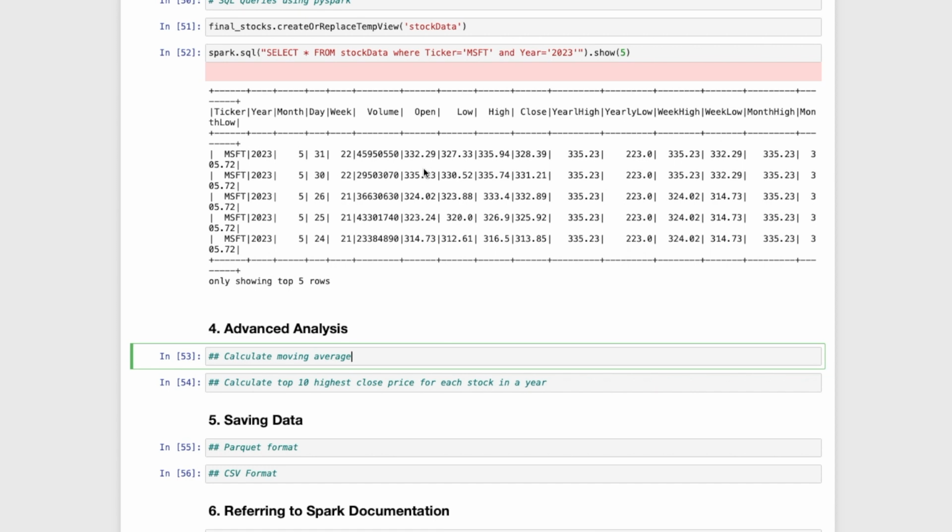But let's say you don't want to calculate the average on such a large window, because we have close to 5 years worth of data, and we do not want to perform a group by operation on the entire 5 years, because it does not give us a lot of information about how the stock price is moving.